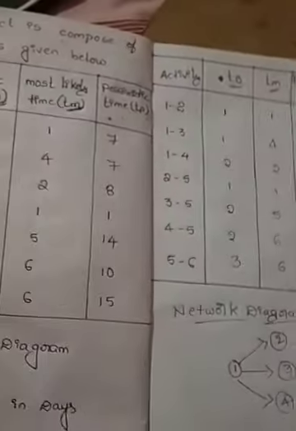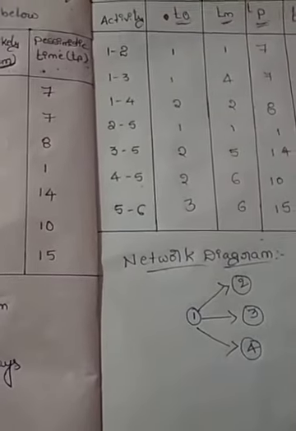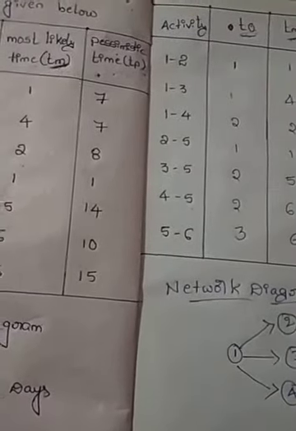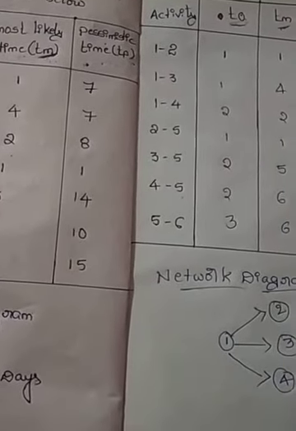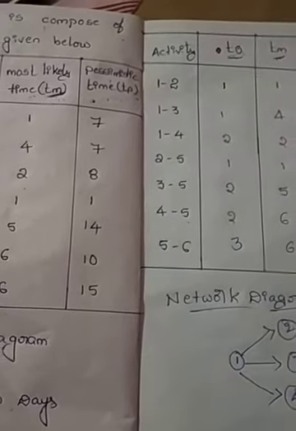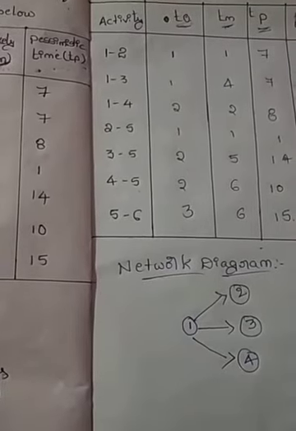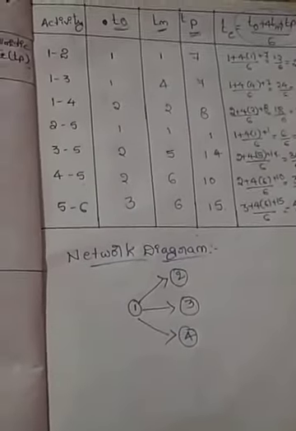What is the difference between CPM and PERT? In CPM, the time is given directly. In PERT, the time is not given directly. They give 3 times, optimistic, most likely and pessimistic, and we use these 3 times to calculate the estimated time. That is the difference between the critical path method and project evaluation review technique problems.